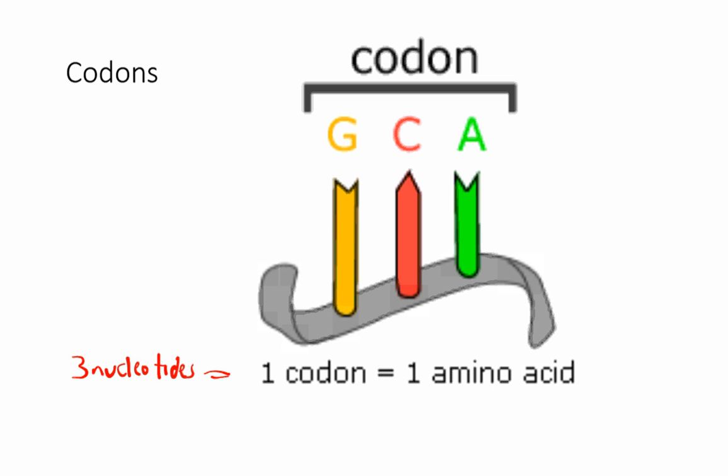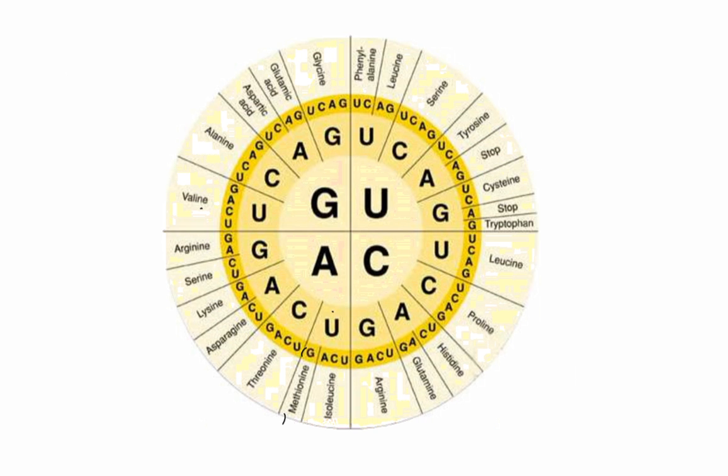Very important. Well, how do we know what they code for? We use this. Someone figured this out a long time ago, won a Nobel Prize for it. That was good of them, but we don't have to do that. We can use this nice nifty chart. This is a codon chart. We'll take one, AUG, AUG codes for this particular amino acid.